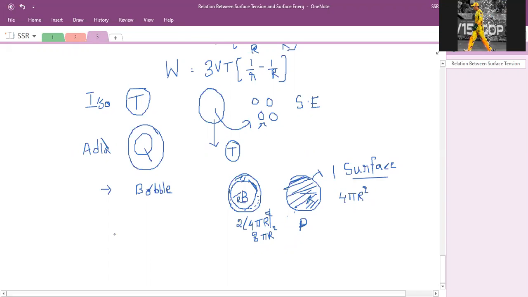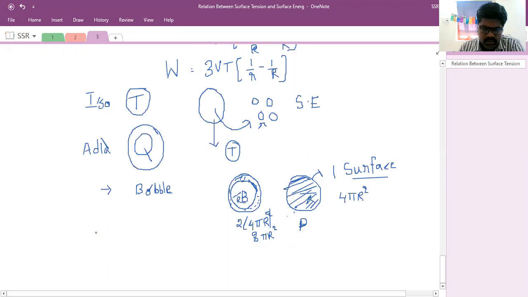Yes. So now suppose the work done to blow a soap bubble from initially 0 surface to a surface area of radius R. Then W is equal to T times (A2 minus A1).